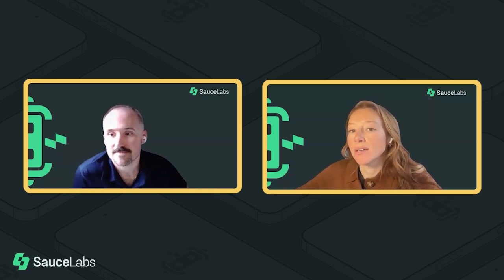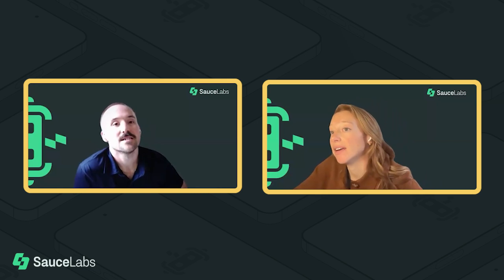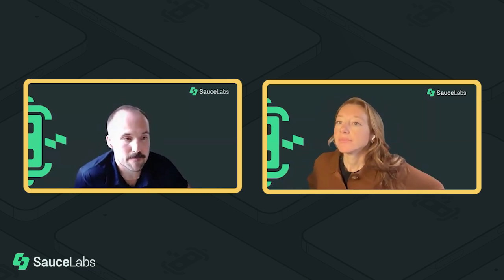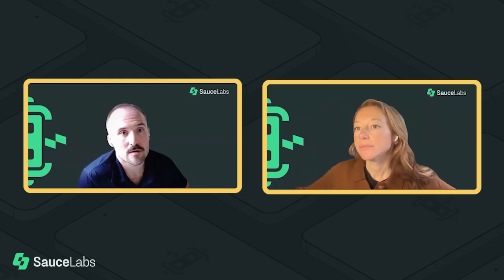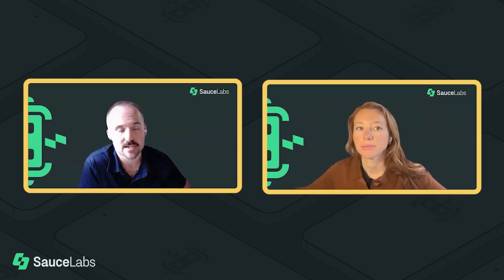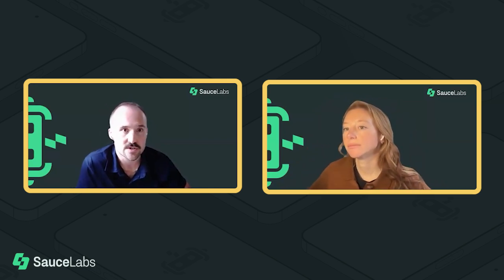Also wondering, is macOS supported for cross-browser testing on Apple Silicon? Yes, absolutely. macOS support for Mac ARM is currently in beta. iOS 18 on Apple Silicon is live now with all of our feature set.